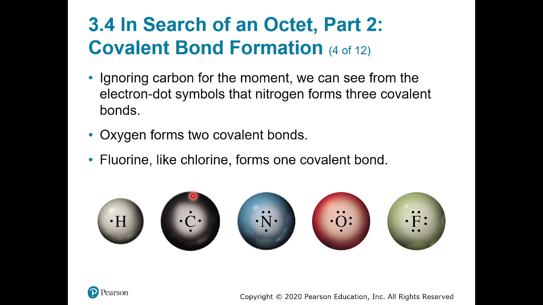Okay? Now, overall, carbon wants to make 4 bonds. Okay? That's still true for carbon. But you can get some derivations from that, a little bit of wiggle room from it, right? Because remember that carbon's in the middle, isn't it? So if you go right, it wants to gain 4 electrons.